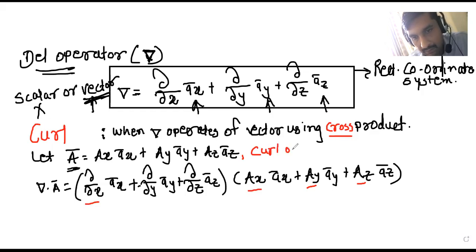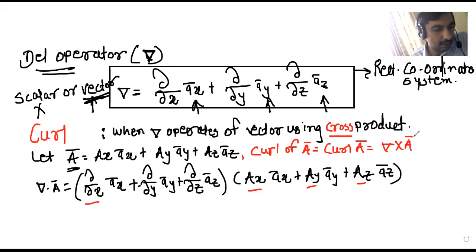Curl of a bar, or you can simply call it curl a. Curl a bar is equal to del cross a bar. This is your curl, del cross a bar.